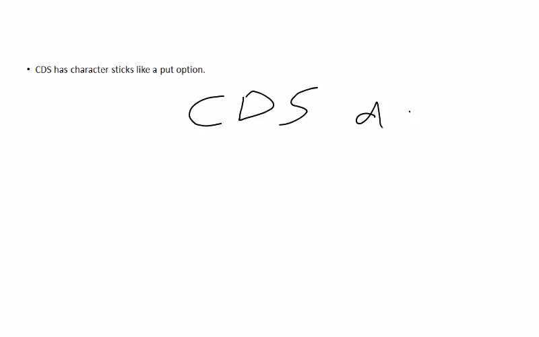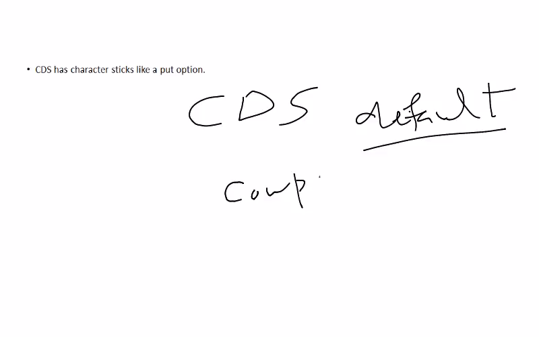CDS payment happens in case of a default in payment, on any coupon payment or principal payment by the borrower entity. Remember, this coupon and principal payment is not related to the CDS coupon payment. CDS coupon payment is 1% for investment grade and 5% for high yield securities, and it has nothing to do with the coupon payment or principal payment paid by the borrower on their debt obligations.